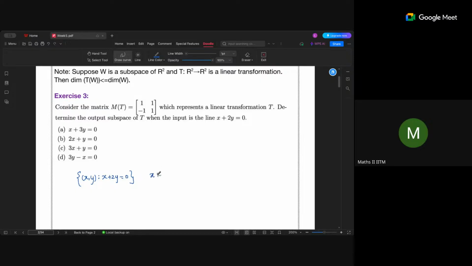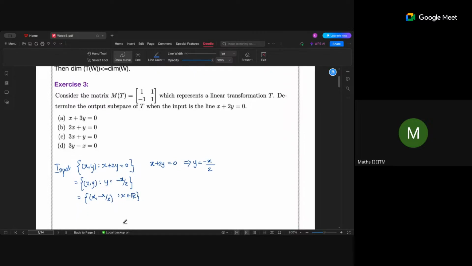So if x plus 2y equal to 0, then your y is minus x by 2, right? So because of this, we can rewrite, so this is your input: the set of all (x, y) such that y is equal to minus x by 2, or you can simply write (x, minus x by 2), x in R, right? So now how to check the output?